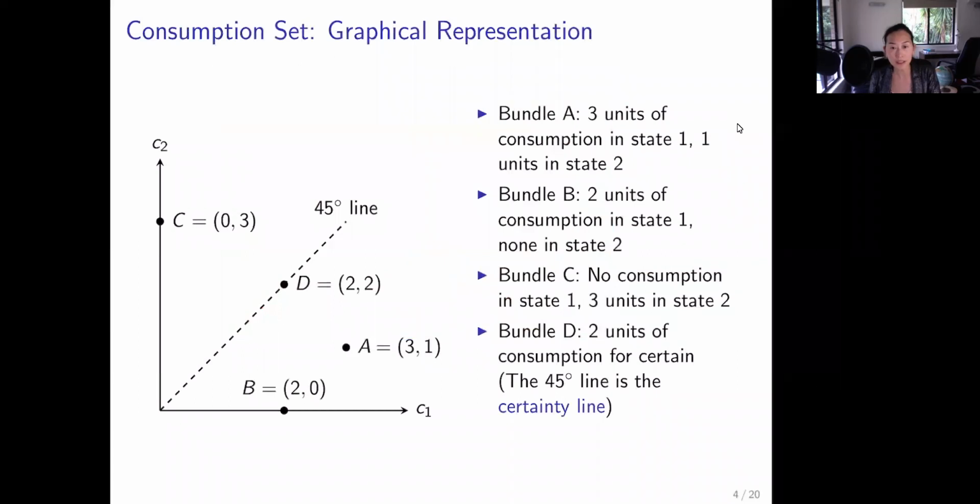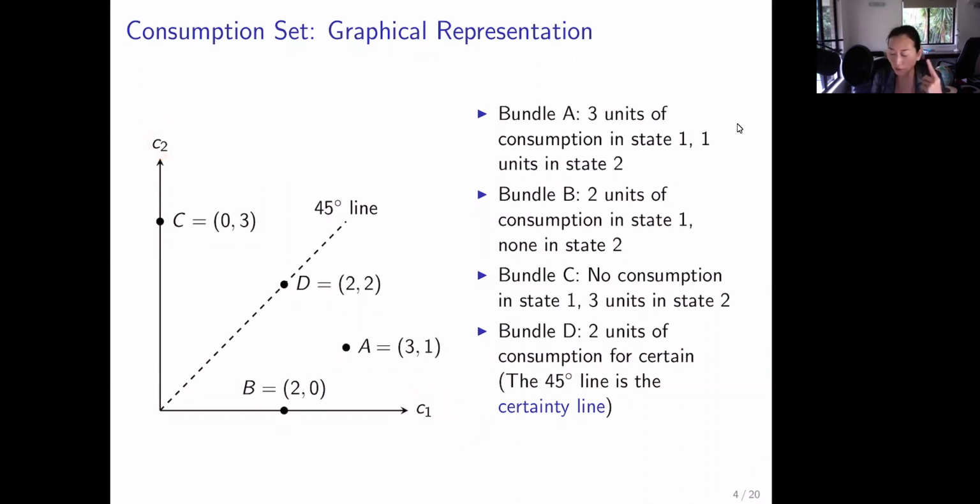Let me put it in this 2-dimensional diagram. We call this C1, which you can call wealth 1, the same thing. So C1 is like a consumption value, or wealth. It is a consumption in state 2. Now, state 1 and state 2 are mutually exclusive.